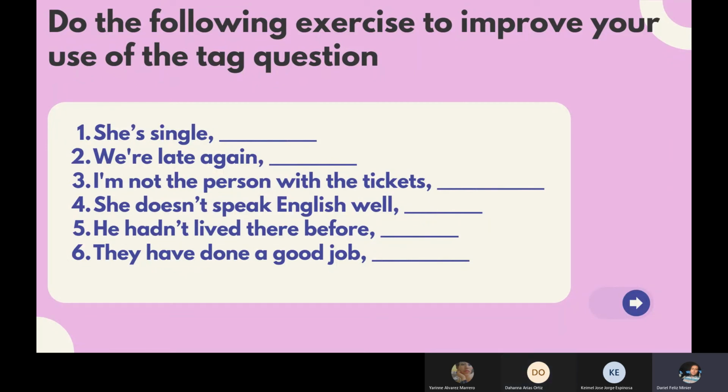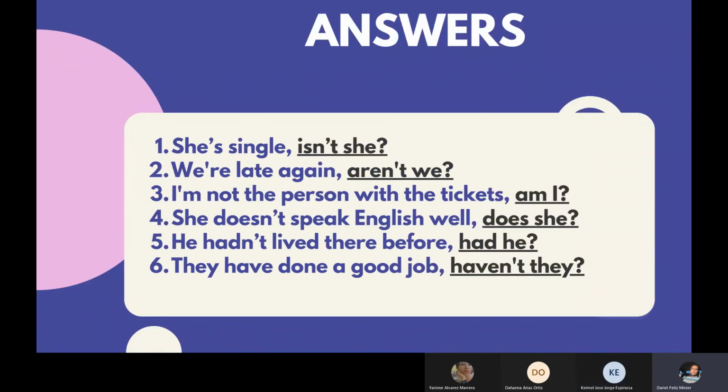And then number 5. He hadn't lived there before, had he? Good. Let's see if it is correct. Yes, we are good.